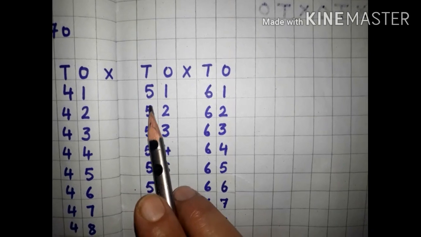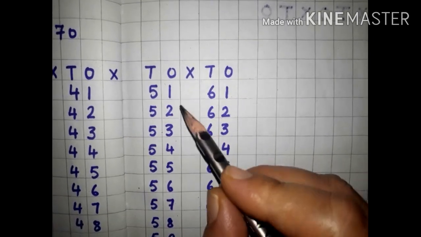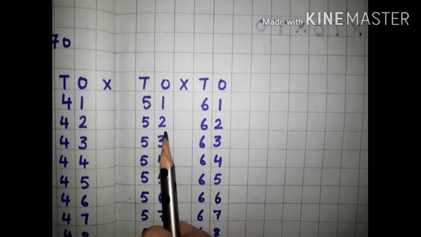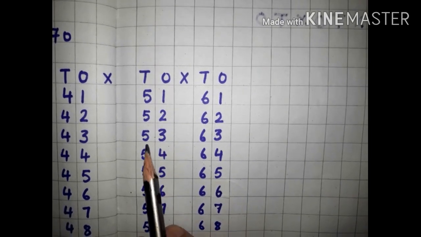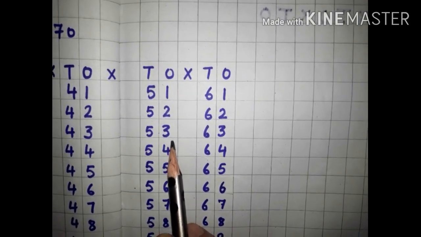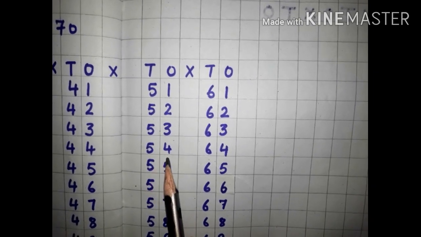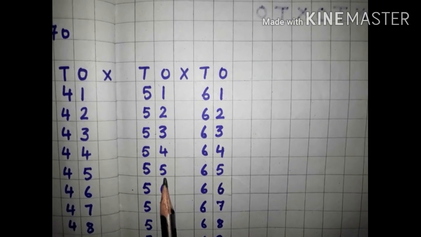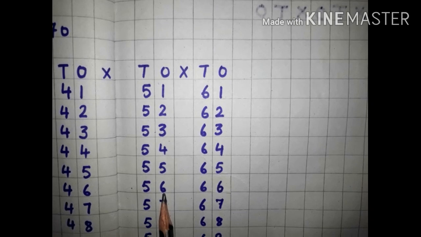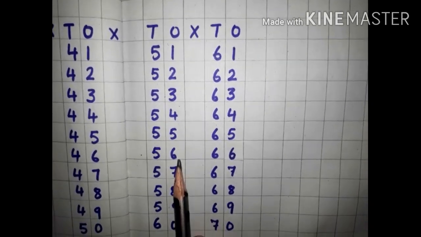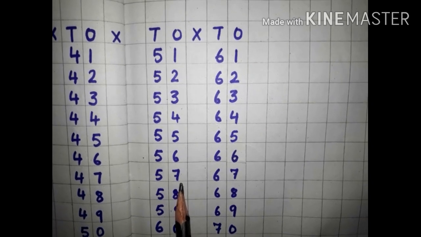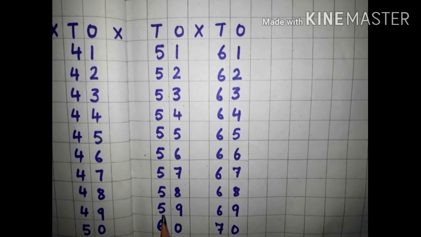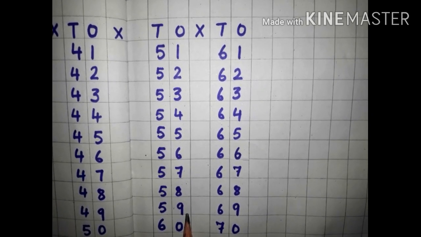Next number is 51. So start with 51. 5, 1, 51. 5, 2, 52. 5, 3, 53. 5, 4, 54. 5, 5, 55. 5, 6, 56. 5, 7, 57. 58. 59.